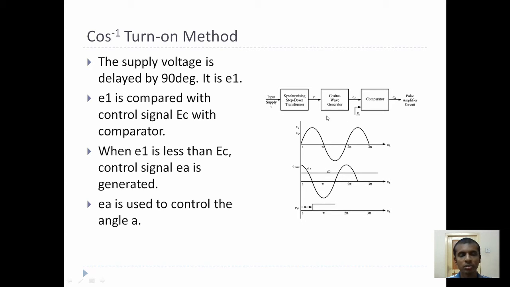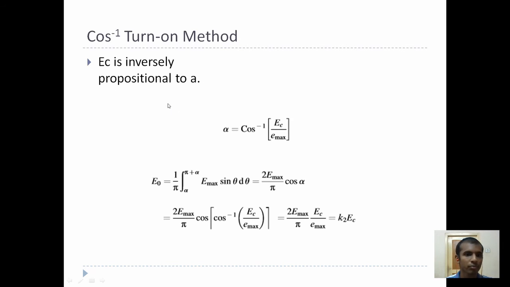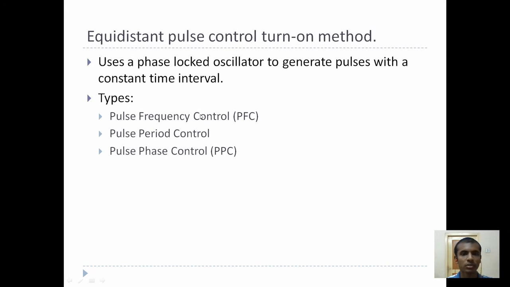This is the block diagram for the cos inverse turn on method. EA, this signal is used to control the converter. EC is inversely proportional to EA. So alpha is equal to cos inverse of EC by Emax. This is the output equation for the cos inverse turn on method.